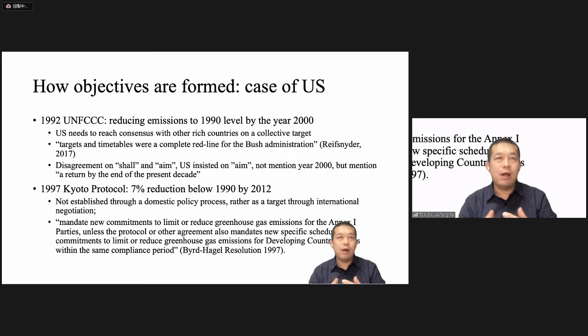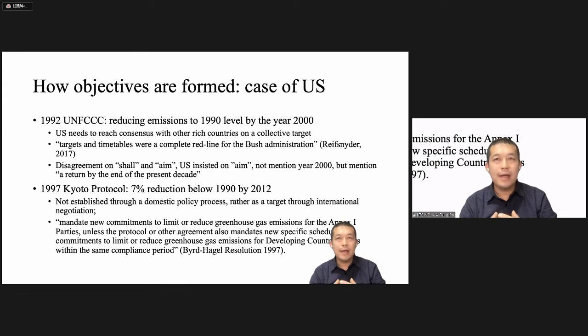So at the very last, the compromise was aim, which means the emission reduction target to stabilize emissions by 2000 is a voluntary target. And that is why at that time, the United States could sign that convention much more easily than today, because it was basically a voluntary target.